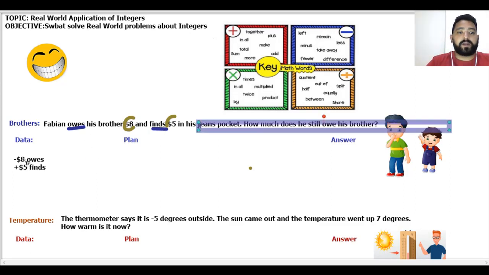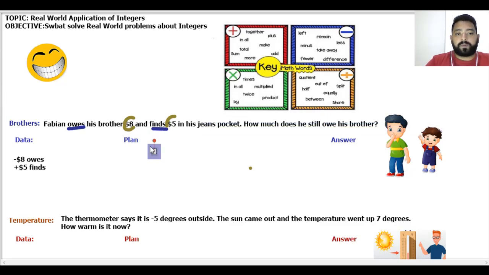In this case, we have negative 8 plus 5, so we are going to add these two numbers. We write negative 8, which means Fabian owes his brother, but then he finds $5. So we have negative 8 plus 5, and you have to remember the rules for integers. Different signs, we subtract them. 8 minus 5 is 3.